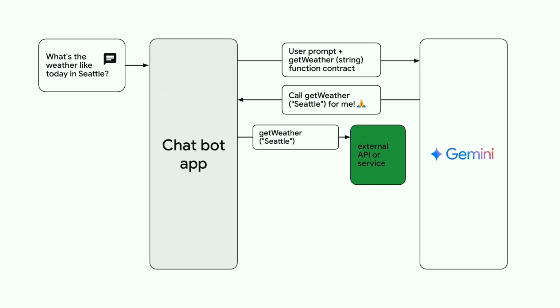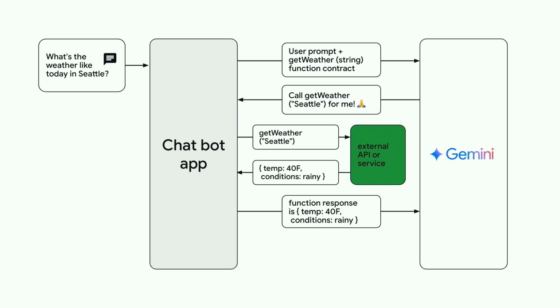The app makes the call to get weather in Seattle, and the app gets back from the API 40 degrees Fahrenheit and rainy. The app sends the results of that function call to Gemini, and Gemini answers the customer question: 40 degrees Fahrenheit and rainy.